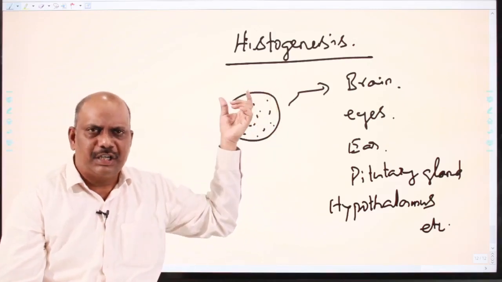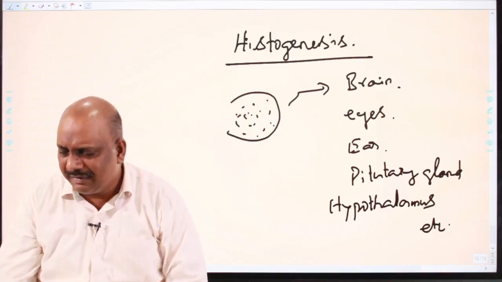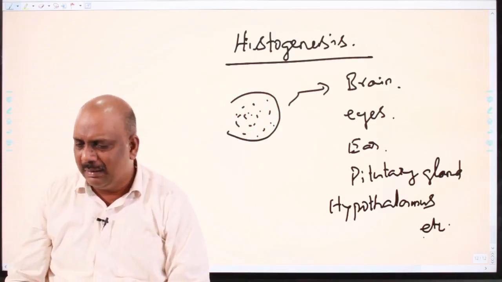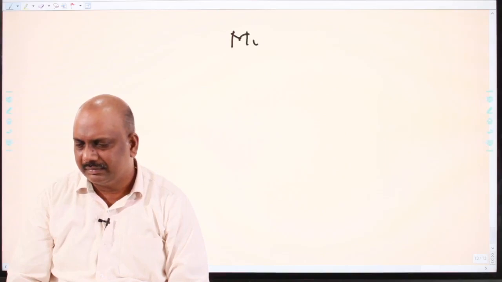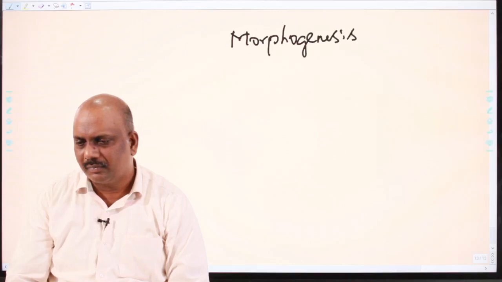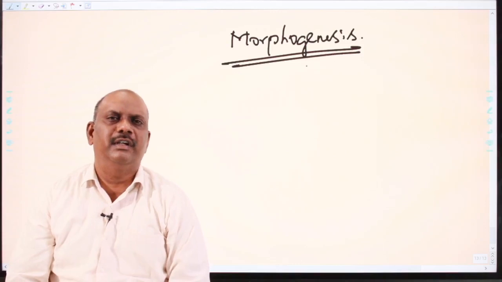After regionalization comes histogenesis. After histogenesis occurs morphogenesis. That is giving definite shape to different regions.